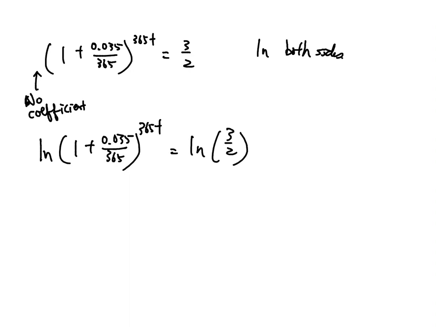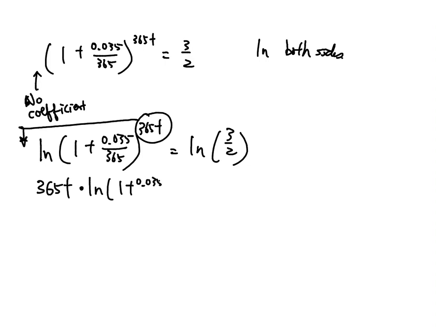Once you take a log of both sides, remember, the exponent goes in the front. So you have 365t times natural log of (1 plus 0.035 over 365) equal natural log of 3 halves, which is 1.5. Let's just make it a little easier.